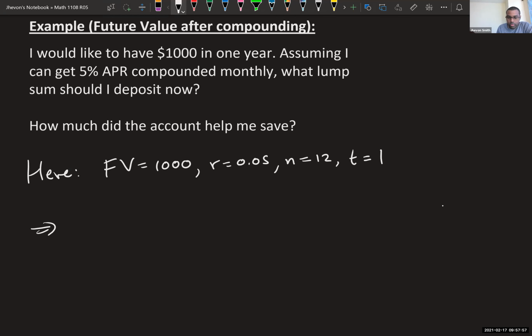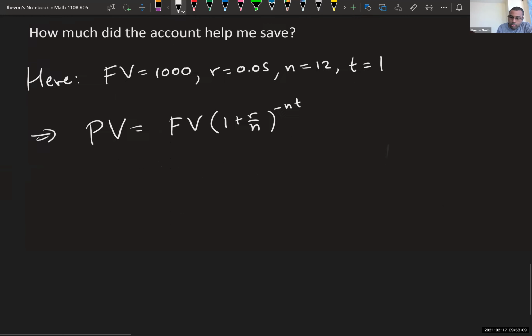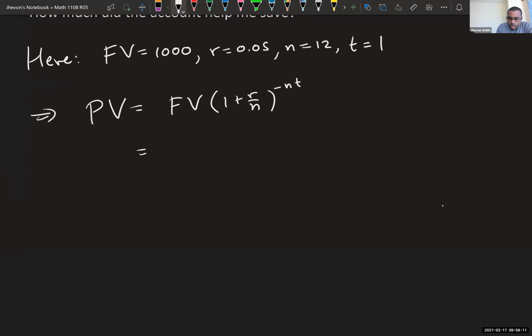This means, what lump sum should I deposit now, as in the present value? Well, that's just going to be the future value times (1 plus r over n) to the minus nt. So that's going to be 1,000 times (1 plus 0.05 over 12) to the minus 12 times 1.